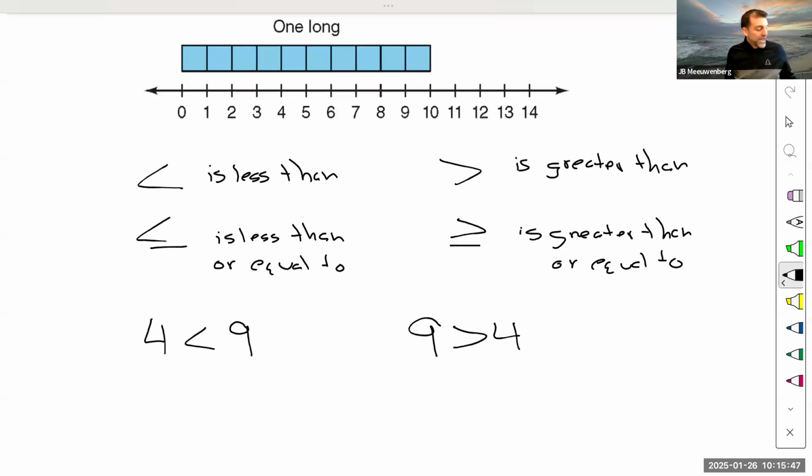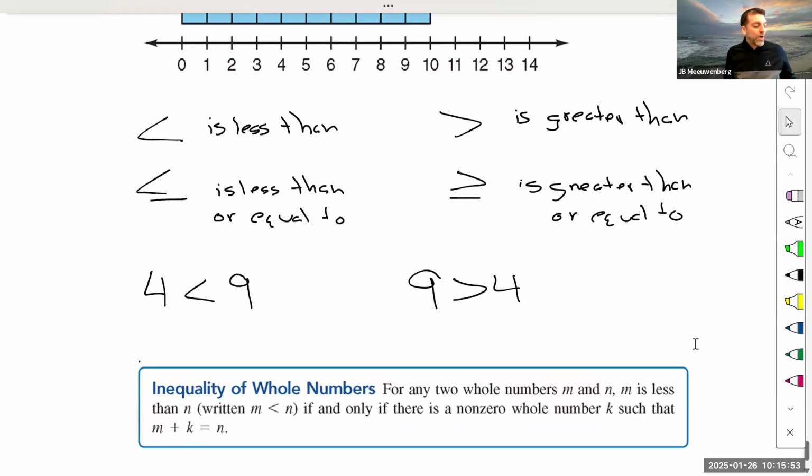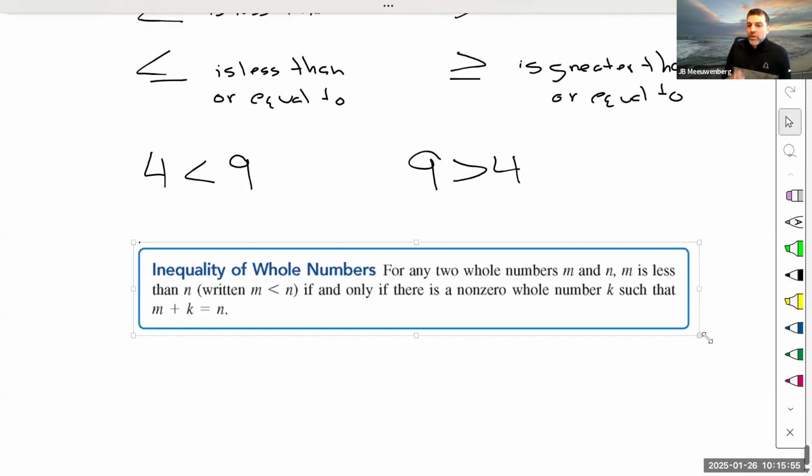And so if we want to look at a formal definition of these inequalities, specifically the inequality of whole numbers, it really looks like this. And we'll investigate these more in the future. For any two whole numbers, m and n, m is less than n, written using these symbols, if and only if there is a non-zero whole number k such that m plus k equals n.